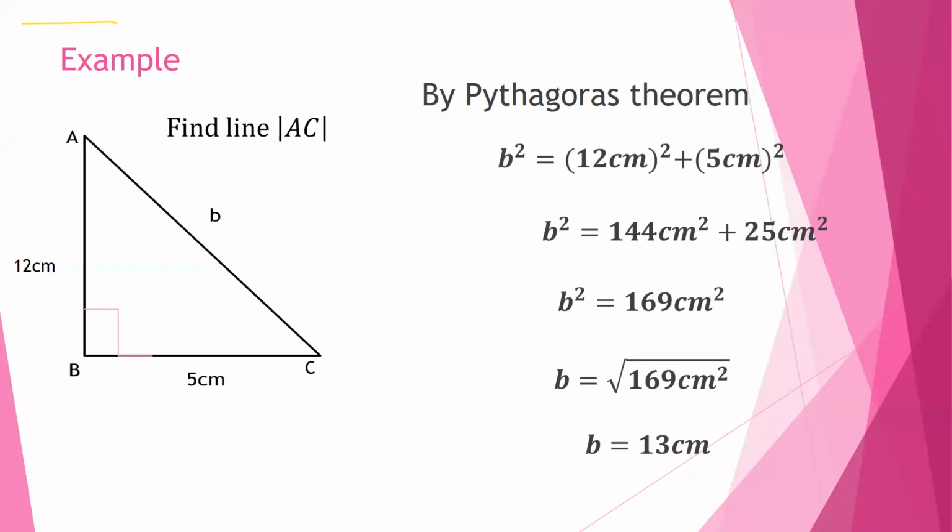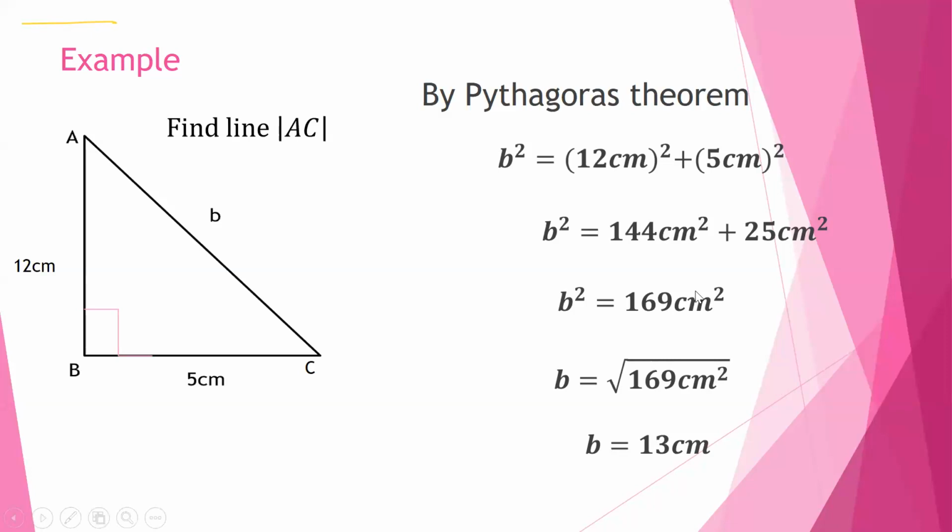It is like saying 10 kilograms plus 5 kilograms. What will you get? 15 kilograms. You understand? So if you have 144 centimeters squared plus 25 centimeters squared, you have 169 centimeters squared. They are all in the same unit, so the addition will also be in the same unit.